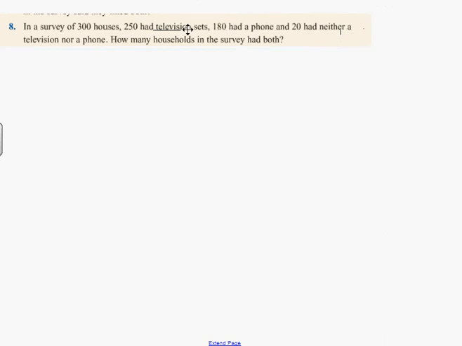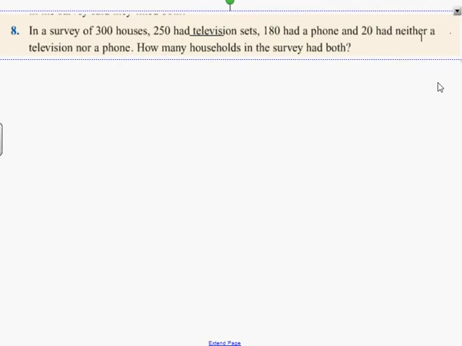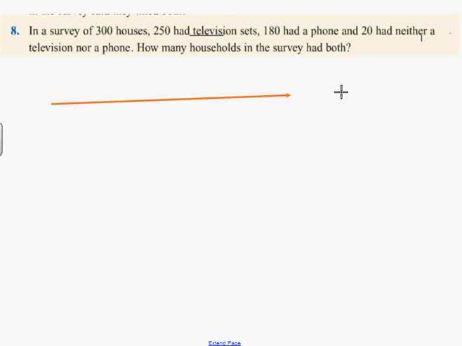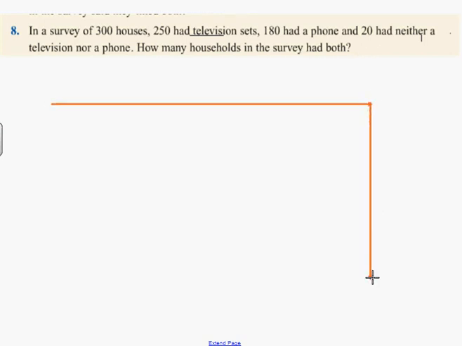In a survey of 300 houses, 250 had television sets, 180 had a phone, and 20 had neither a television nor a phone. How many households in the survey had both? Okay, so we do a rectangle, and then we're going to do two circles.